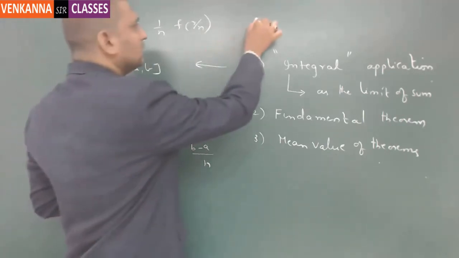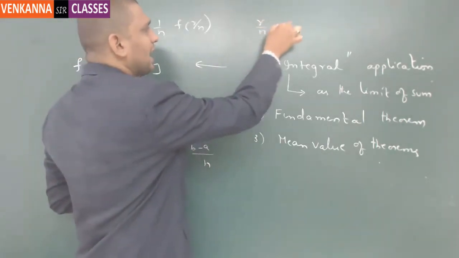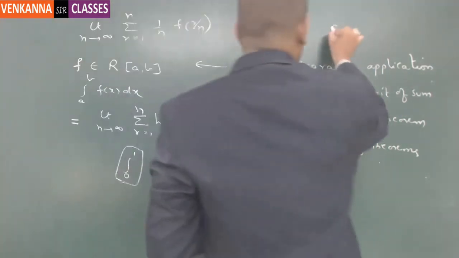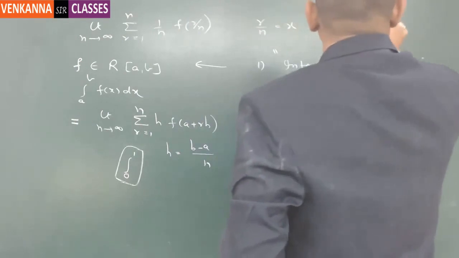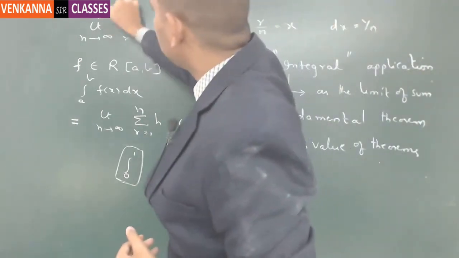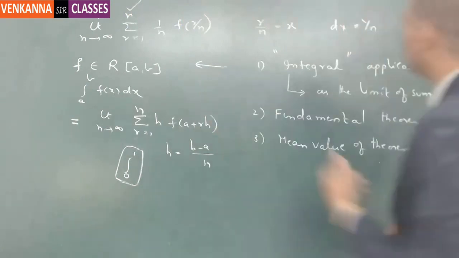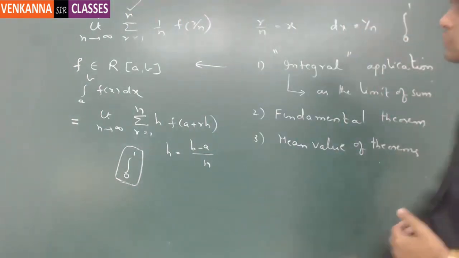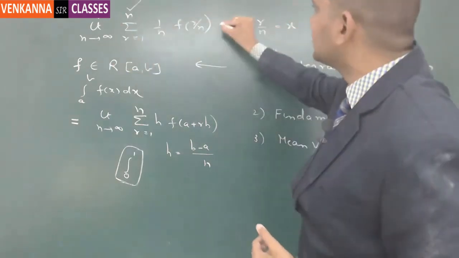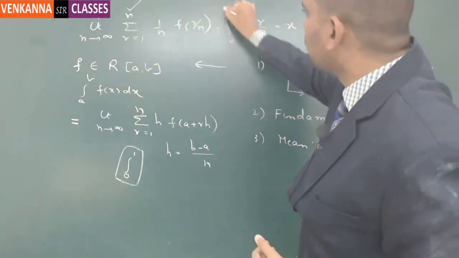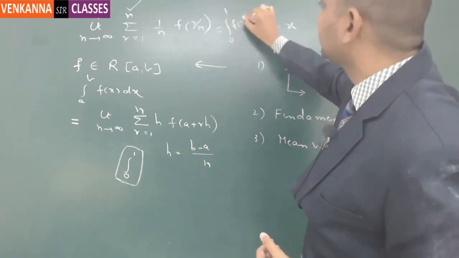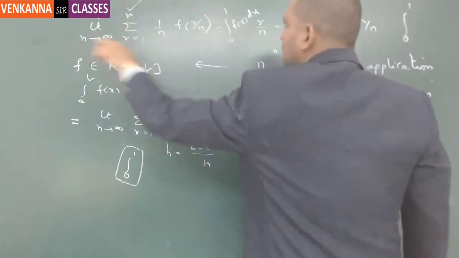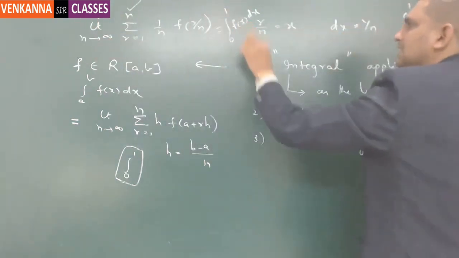We take r by n as x, and dx is nothing but 1 by n, and limit and sigma will be replaced with integral 0 to 1. So this whole thing is nothing but integral 0 to 1 f of x dx. So evaluation of this value is equivalent to evaluation of this integral.